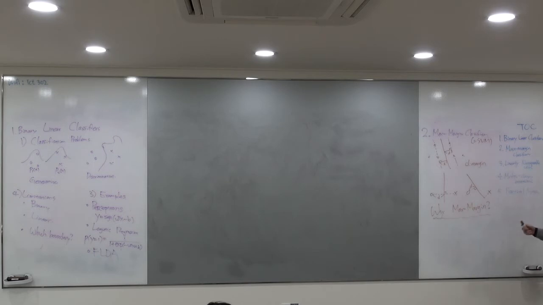And there is also an explanation regarding the VC generalization bound, which you might have learned last time. But I don't think all the explanations are 100% valid.